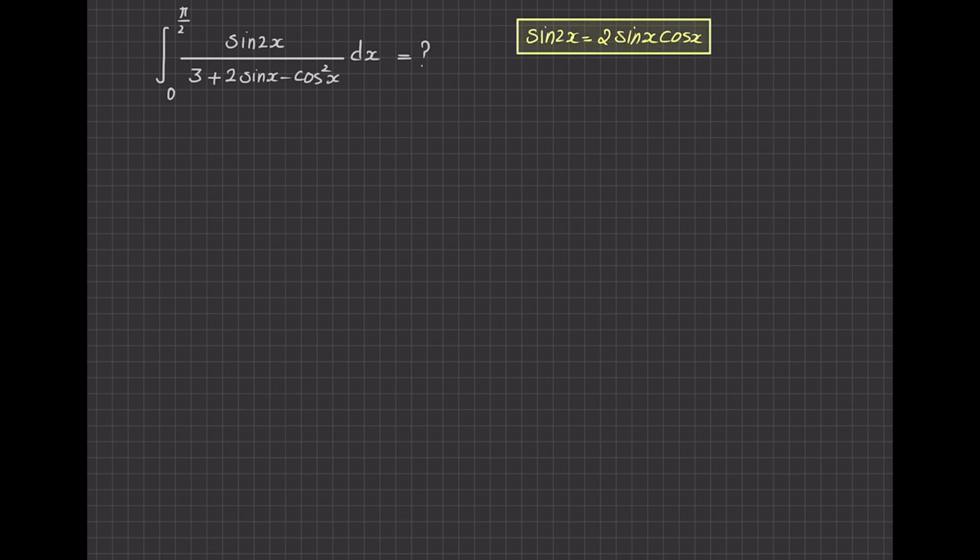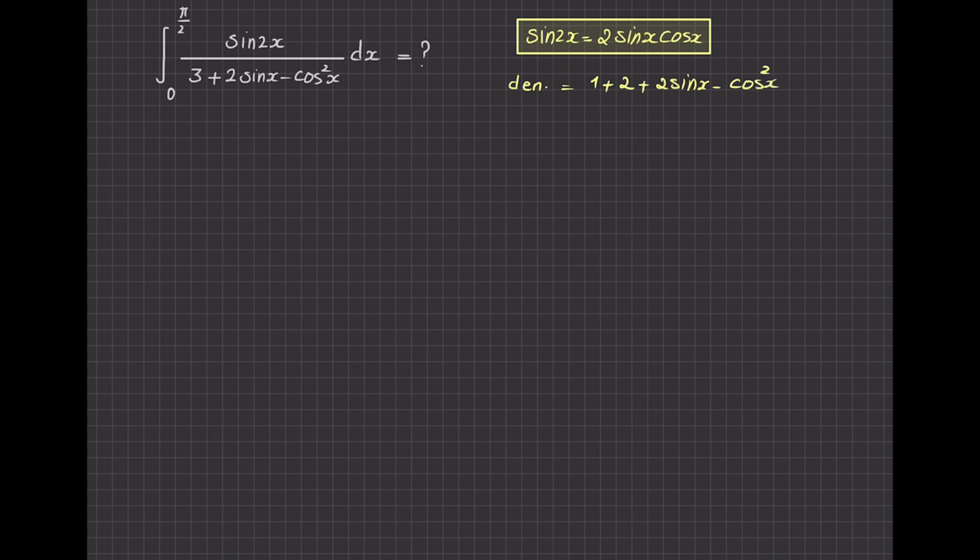For the denominator, I decompose this 3 into 1 plus 2, okay? So the denominator can be written as 1 plus 2 plus 2 sine x minus cosine x squared.